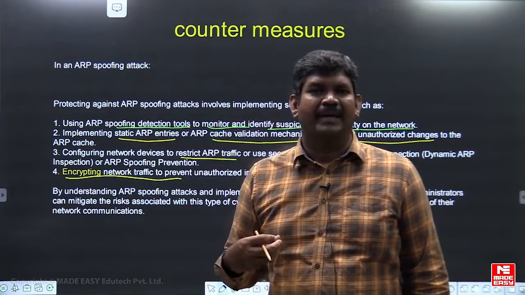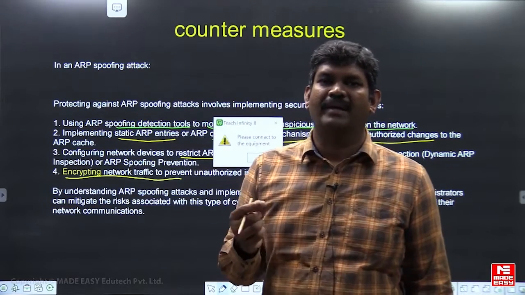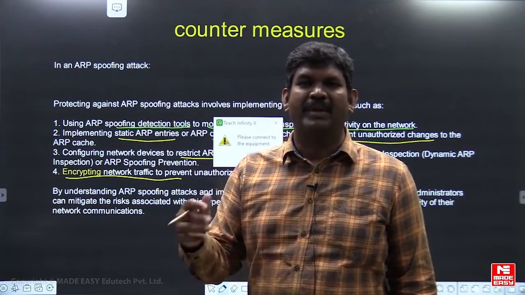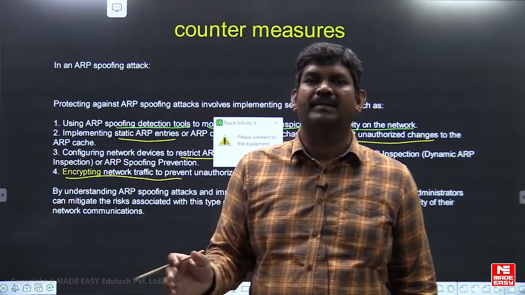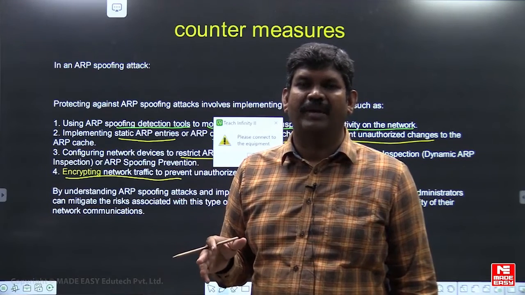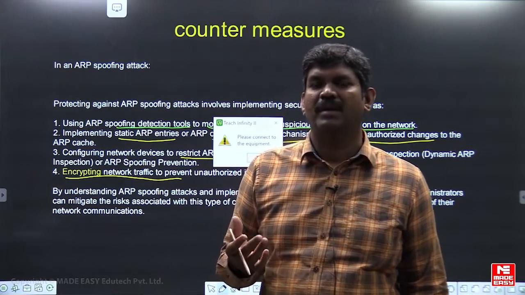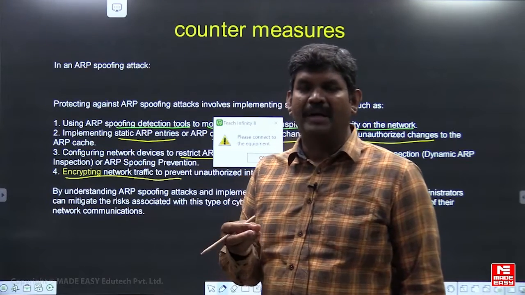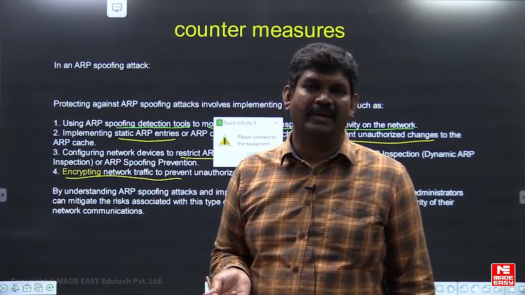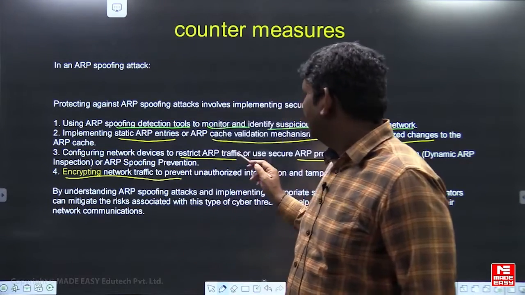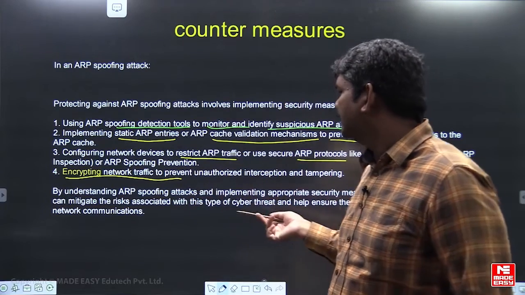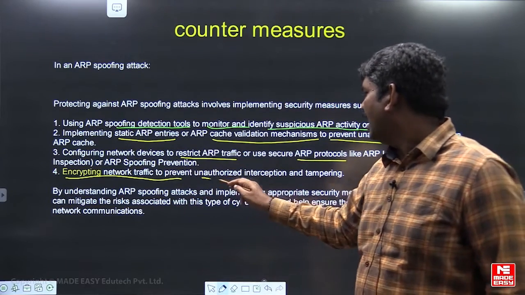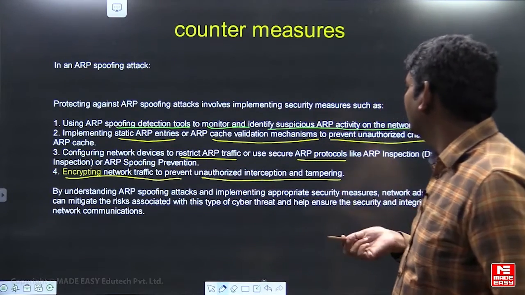Then the attacker cannot easily find the destination IP, so that he can use this MAC address and modify it. That is not possible, because finding the IP becomes difficult for the hacker if it is encrypted. That is one more technique. These are the countermeasures to prevent unauthorized interception and tampering.